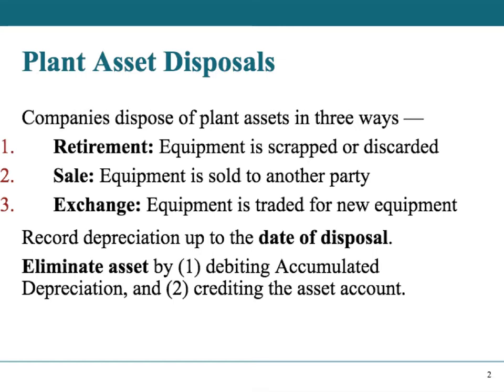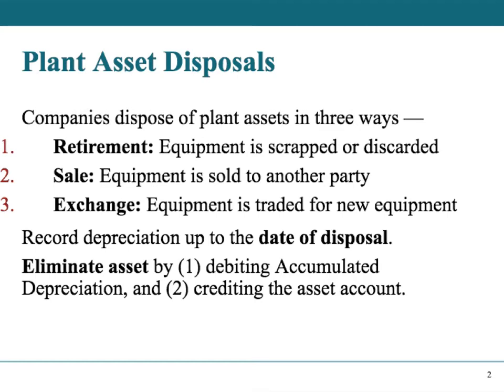The first trick that is highlighted here, and I will remind you always, you have to make sure that your depreciation is up to date at the time of disposal. So what do I mean by that? For a lot of companies, depreciation is an adjusting journal entry that is done right before they prepare financial statements, which most likely will be at the end of fiscal year end. So assume you discarded or sold equipment in the middle of the year.